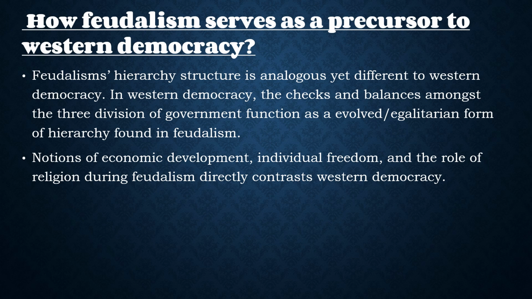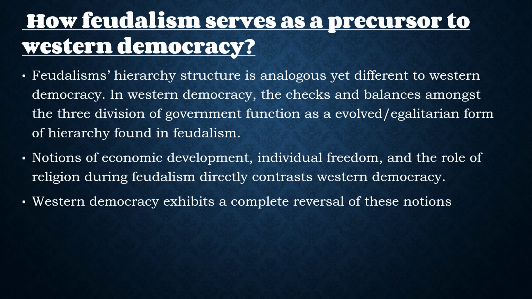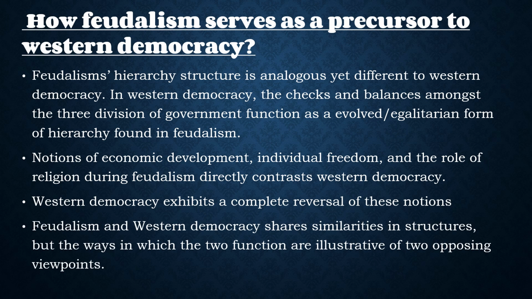Notions of economic development, individual freedom, and the role of religion during feudalism directly contrast Western democracy. Western democracy exhibits a complete reversal of these notions. Feudalism and Western democracy share similarities in structures, but the ways in which the two function are illustrative of two opposing viewpoints.